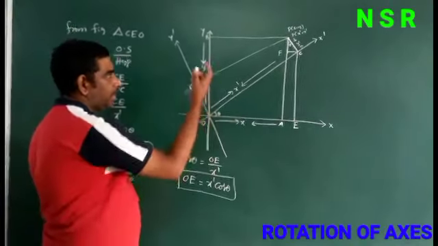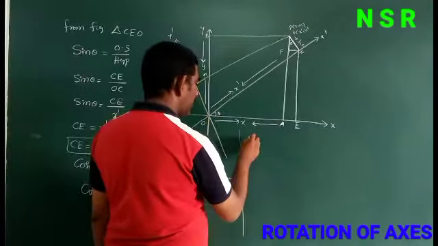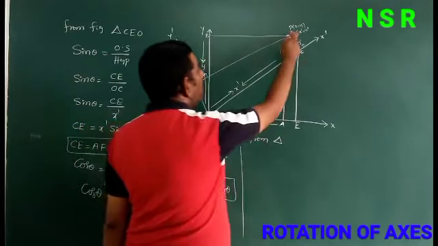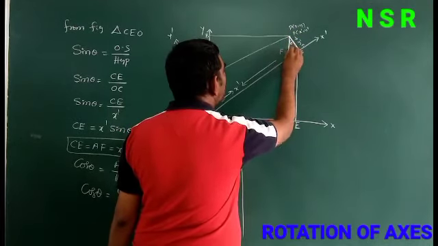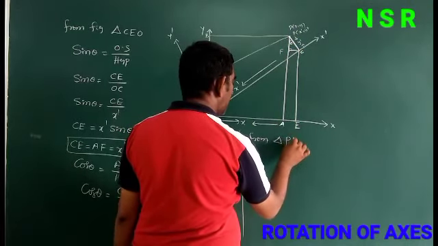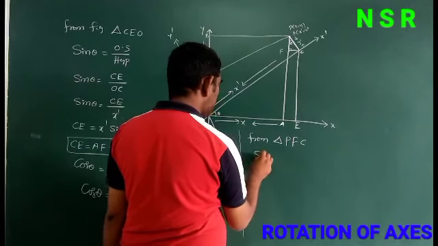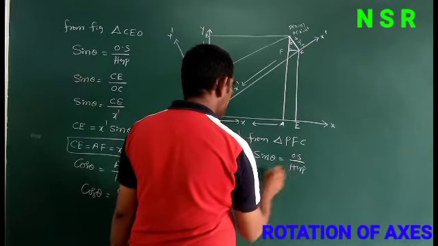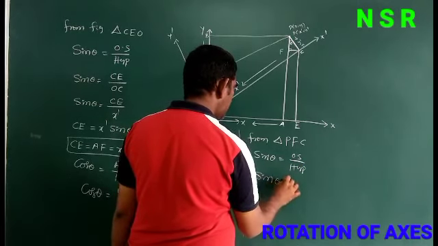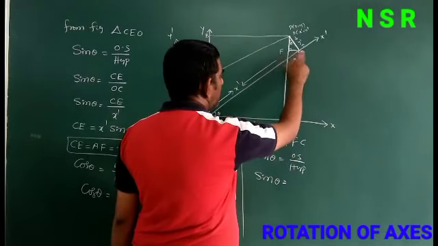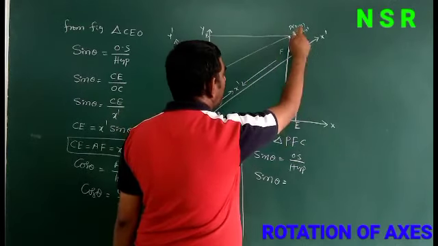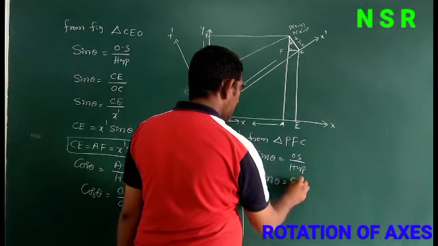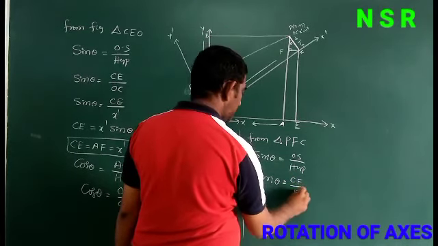Again, we have another triangle, triangle PFC, which is right-angled at F. In triangle PFC, apply sin theta equal to opposite side by hypotenuse. The opposite side is FC, the adjacent side is PF, and the hypotenuse is PC.